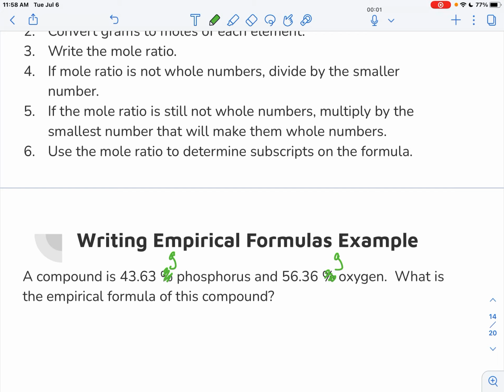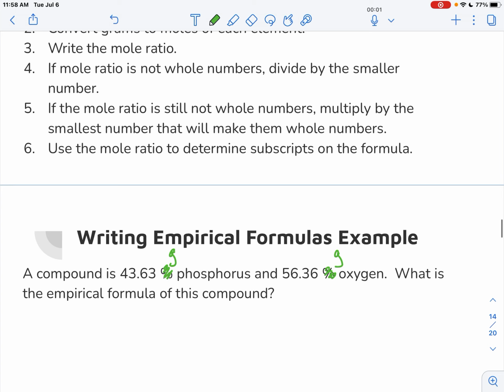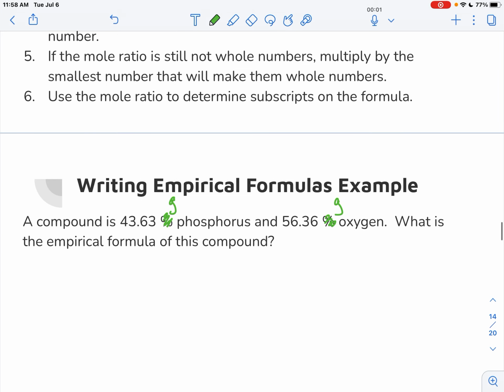And that just makes it easier because our next thing we're going to do is convert grams to moles of each element. To do that, we're going to do a two-step or two-factor conversion stoichiometry problem, which again, we did last week. So if you are confused about how I'm getting this, please look at the notes from last week.